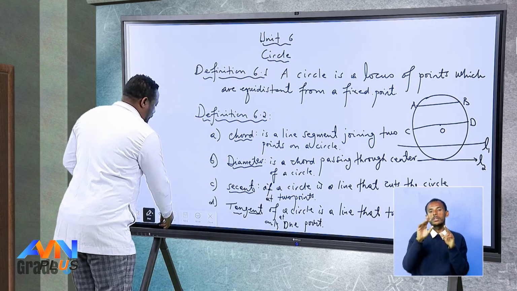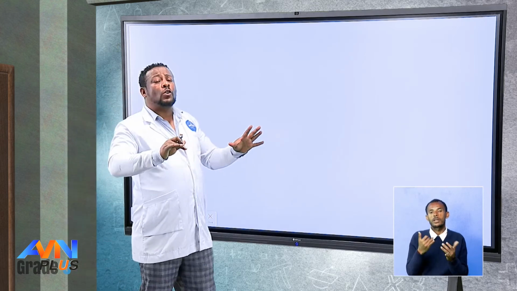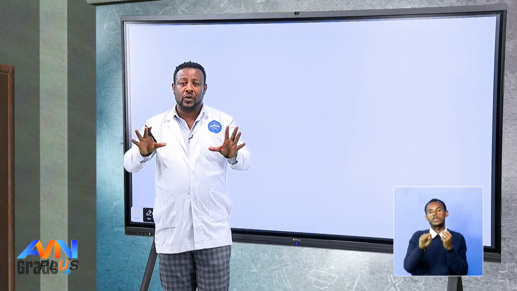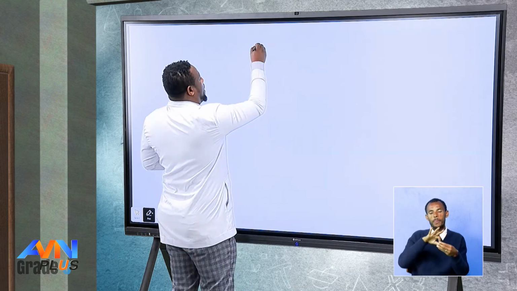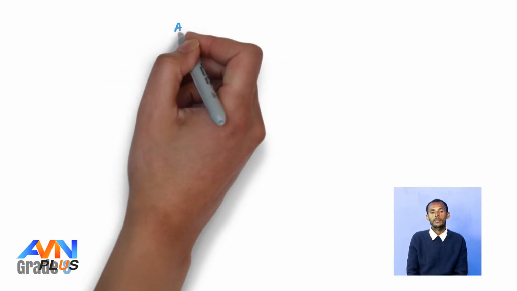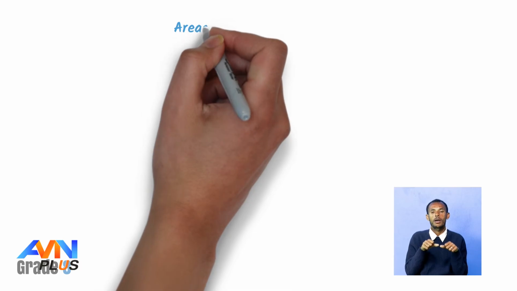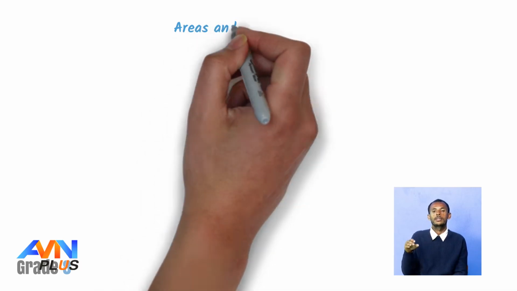Now let's see some of the basic formulas that we need to know in circle. Okay, so areas and circumference.